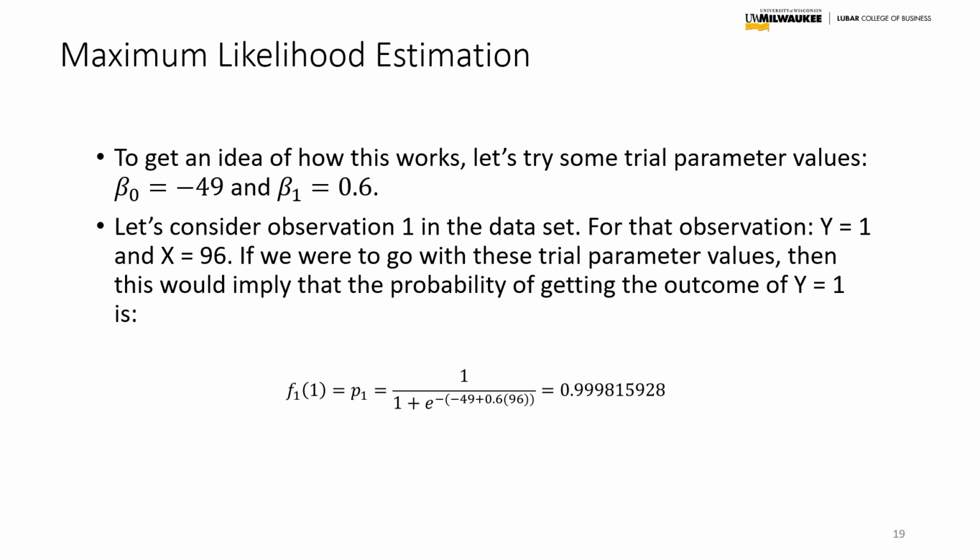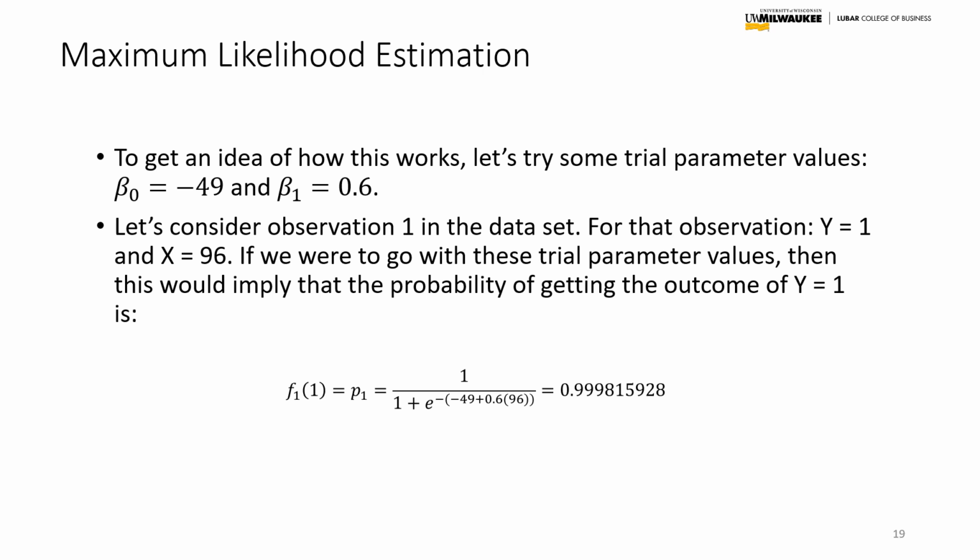Let's now turn to the observed data. For example, consider observation 1. From the data table, you will find that observation 1 is associated with a y value of 1 and a test score of 96.